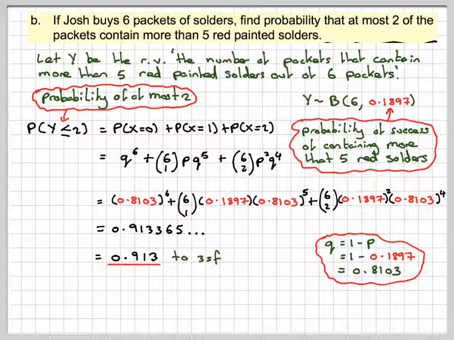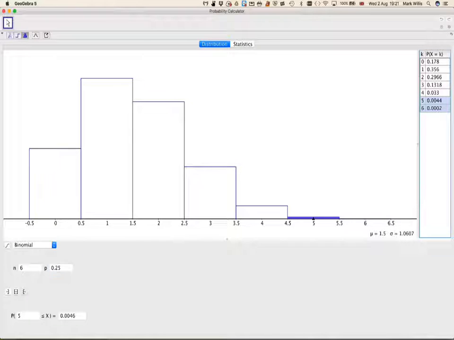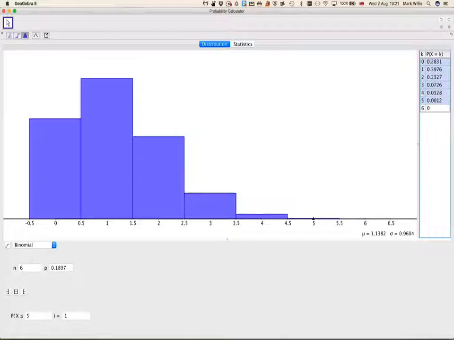Now if we go back to this and then change this here now to 6, and then put the probability of success for a packet, which is that, and we did less than or equal to 2, you see we'd end up with the same answer, this being the answer here.